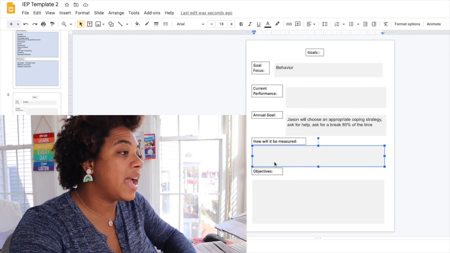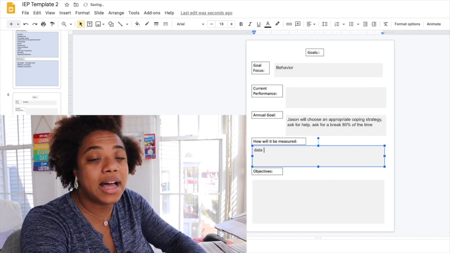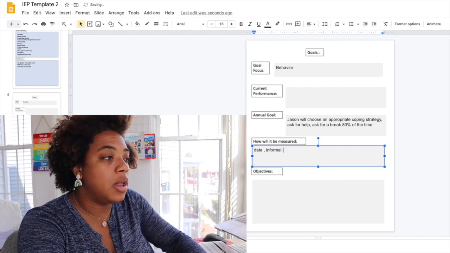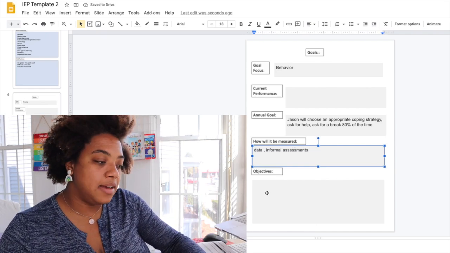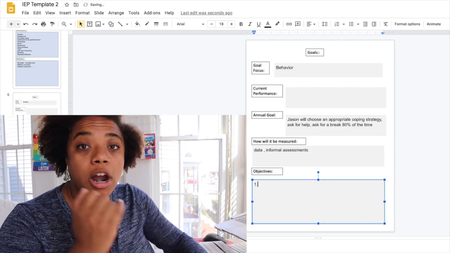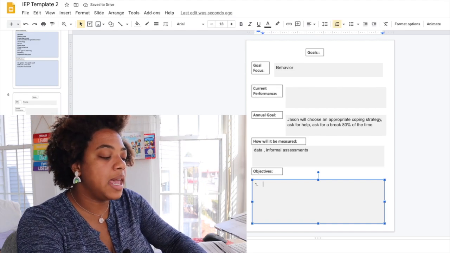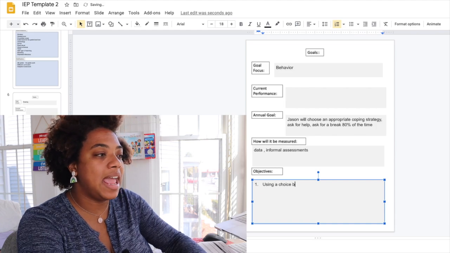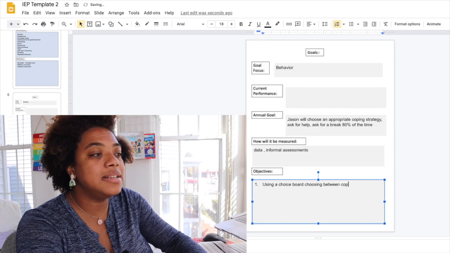So those are the kind of things that I would think about when I was teaching it. So when it comes to measure, I'll probably just do data or informal assessments or something like that. When it comes to objectives, I'm going to think really hard about this. I'm probably going to write an objective about using a choice board and choosing between the strategies.